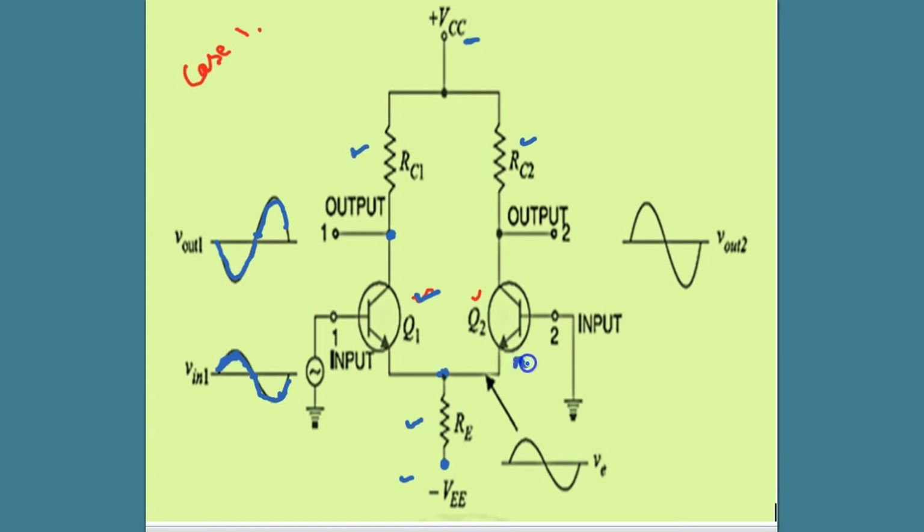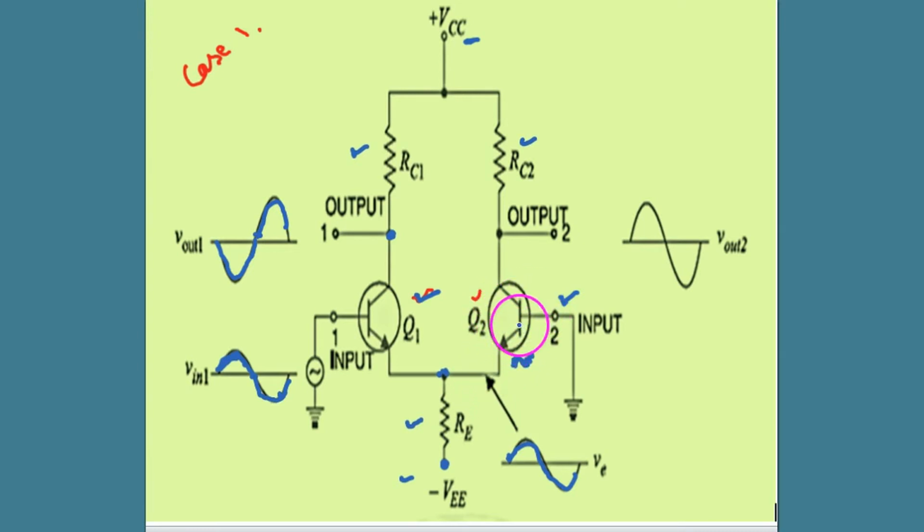Actually this is N type, that is the emitter, and the base is grounded and the signal is applied. This signal appears at the emitter. The base is grounded, so this becomes common base configuration.